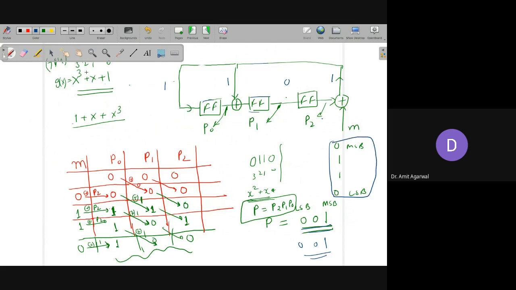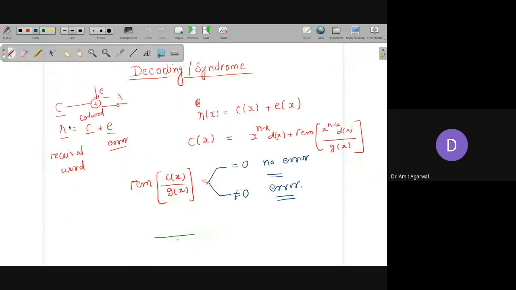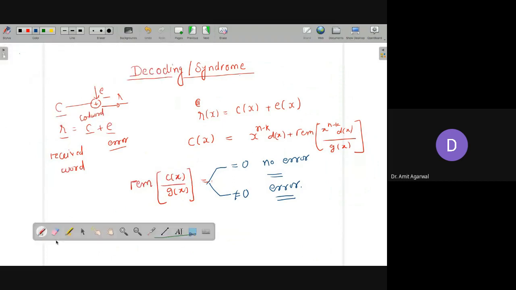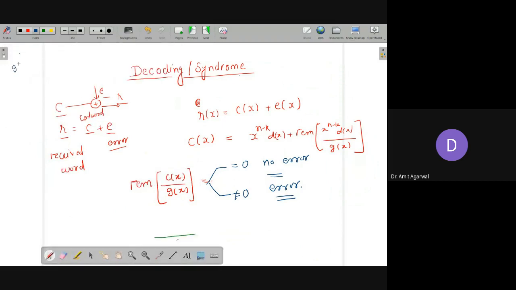So just try to solve this. Try to make the table and try to see what are the values of P2, P1, P0. It is a very interesting way to implement the cyclic codes. So what we have done till now, we have seen the cyclic codes can be generated using generator polynomial, and then we can find out its corresponding G(x).